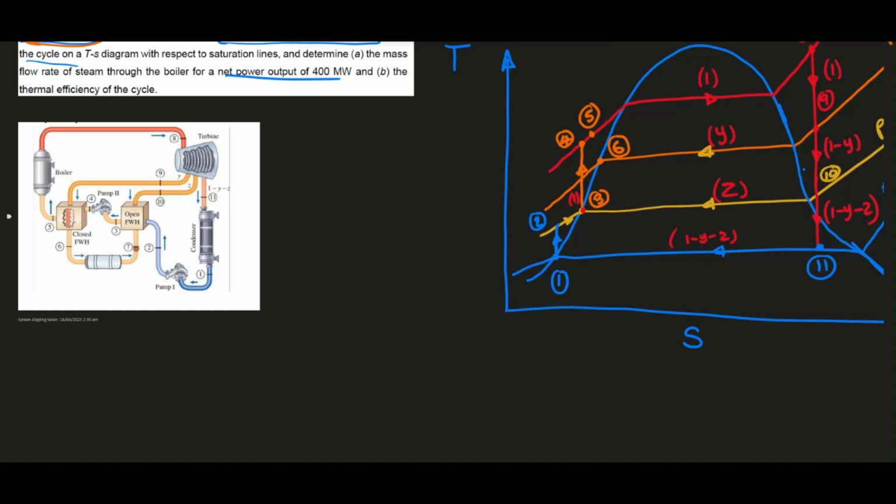And one final process is from 6 to 7, which is a constant enthalpy process. You can just indicate that entropy is not conserved. If anything, entropy increases. However, what we do know is that H6 equals H7.